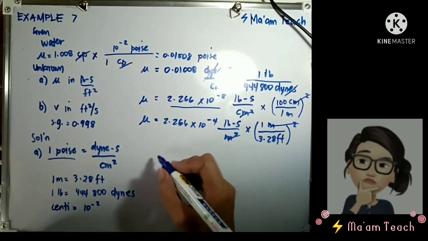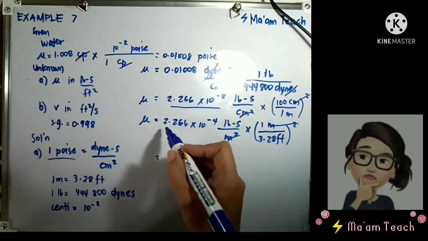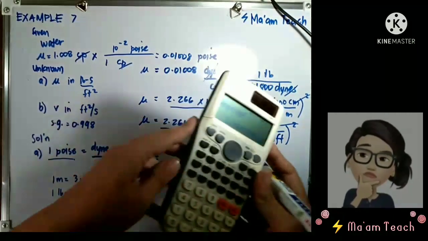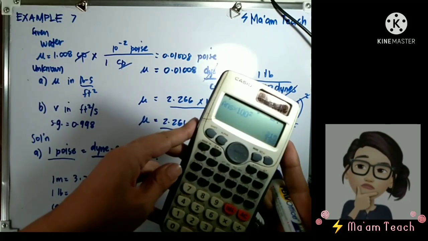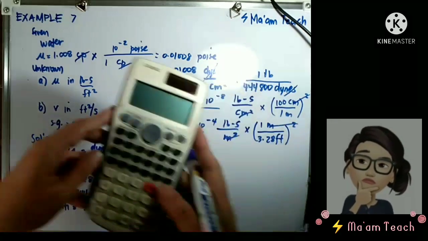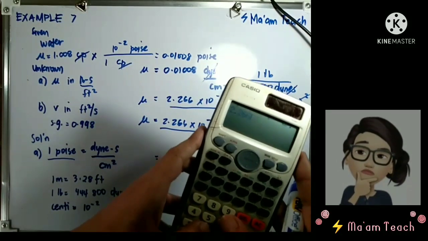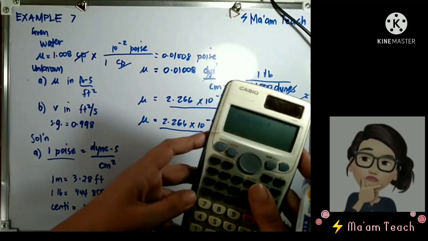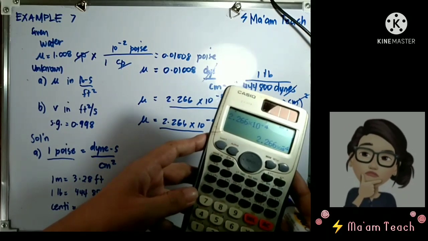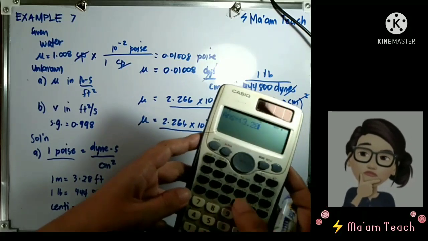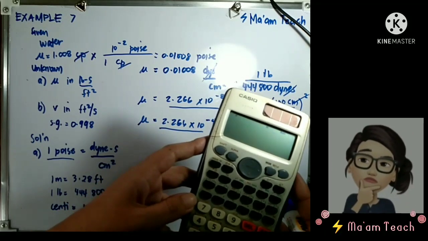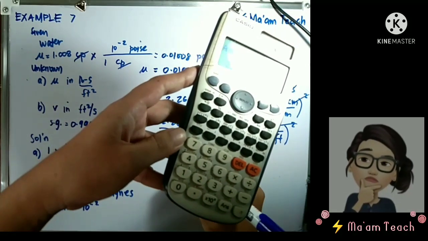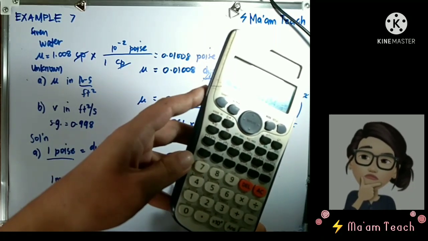So this value, 2.266 times 10 raised to negative 4, we will divide by 3.28 squared. Can you follow? And the answer is 2.10. How much?